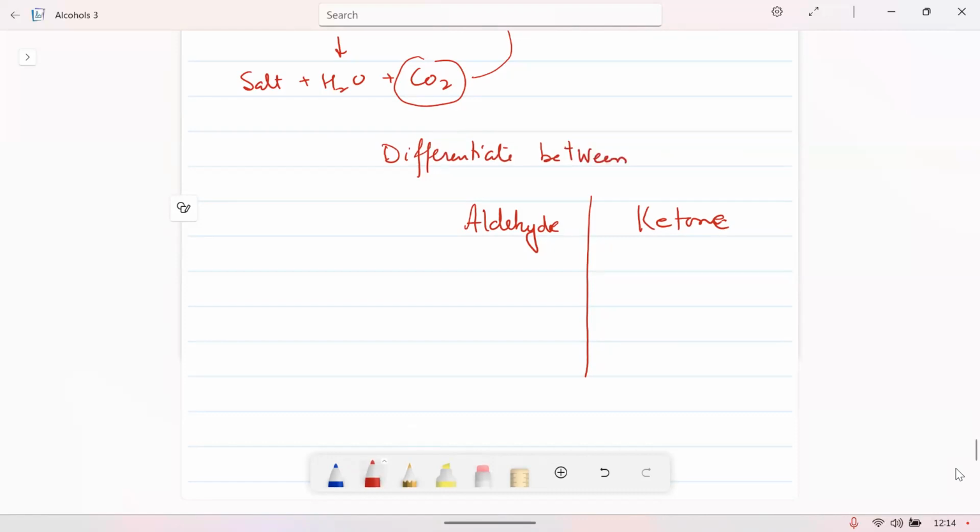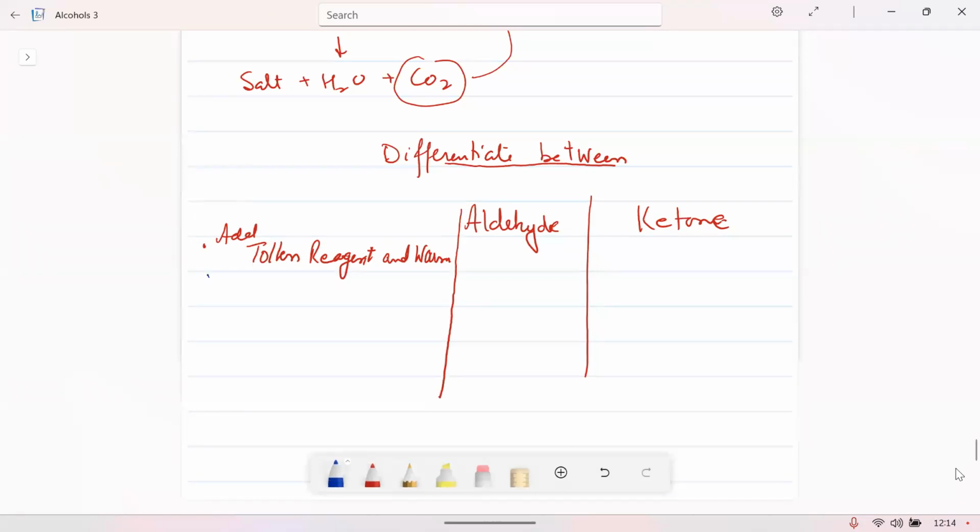Reaction and observation details are at A2 level, because this is a separate topic. So to the oxidation product, what you do is you add Tollens reagent and warm.